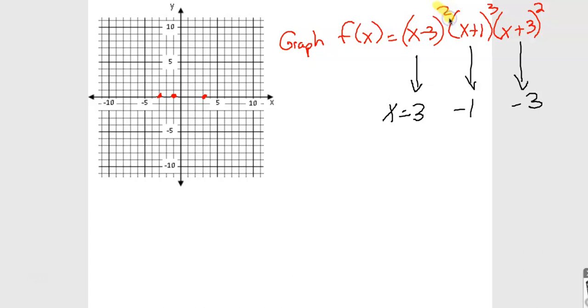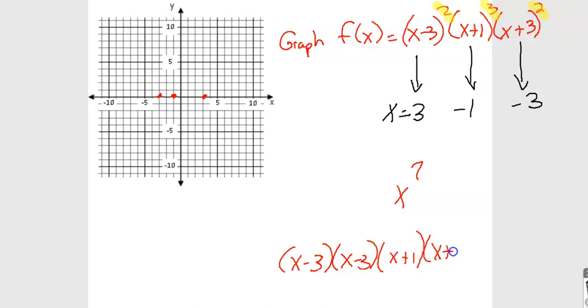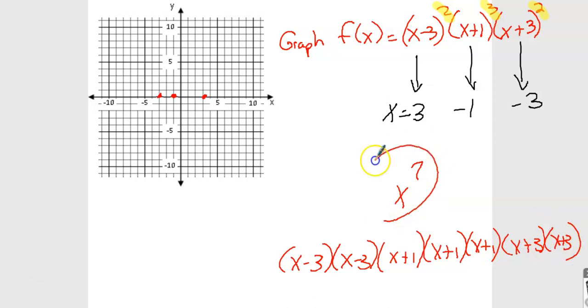I also want you to notice what degree this polynomial is. This is to the 2nd degree, that's to the 3rd degree, that's to the 2nd degree. That means if I FOILed all that out, you don't have to FOIL it, but if I did, that would end up being an x to the 7th degree. If I multiply this out, x minus 3 two times, x plus 1 three times, and x plus 3 two times, the leading term would be positive x to the 7th.